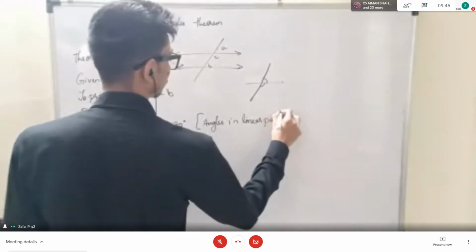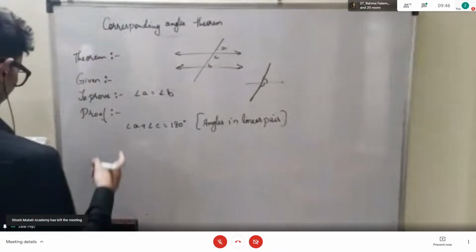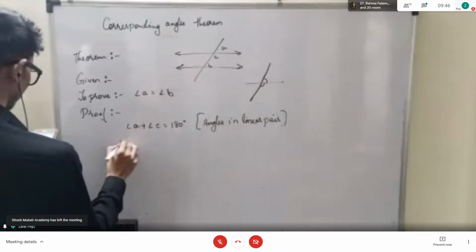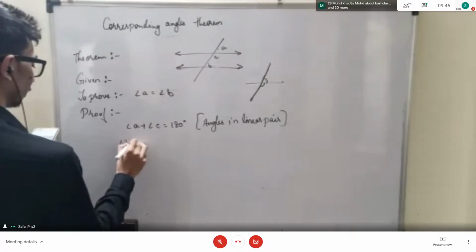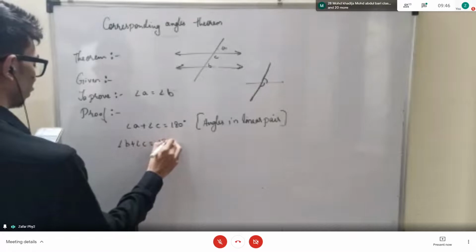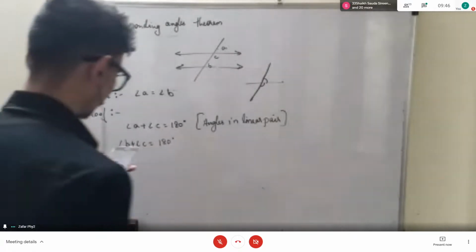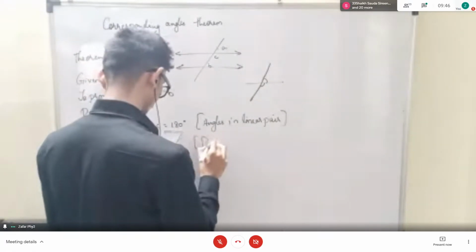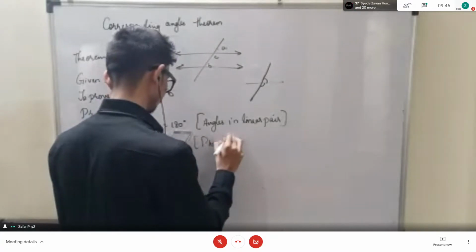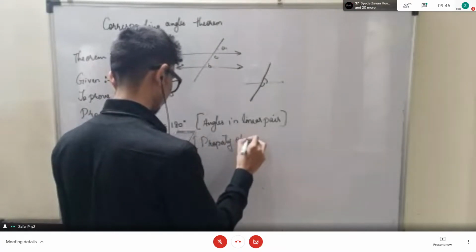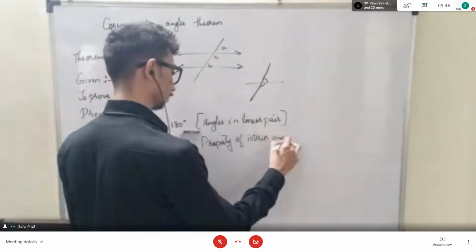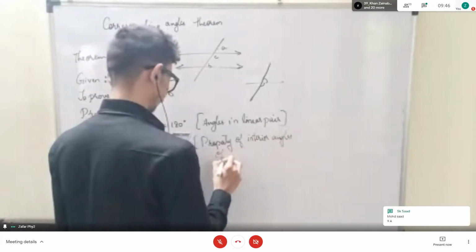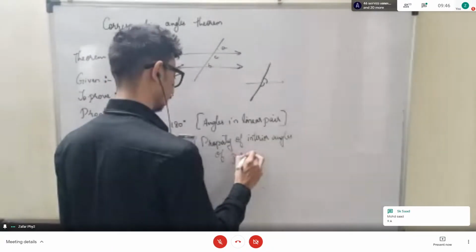Okay. Second, angle B plus angle C. Angle B plus angle C is also 180. And write the reason: property of interior angles of parallel lines.